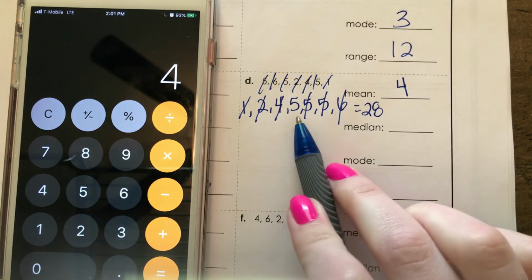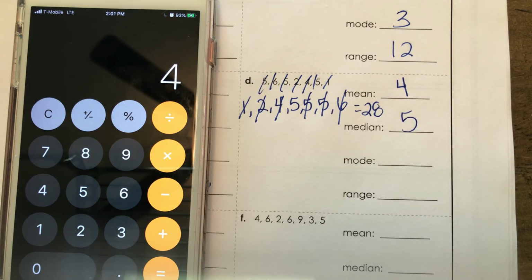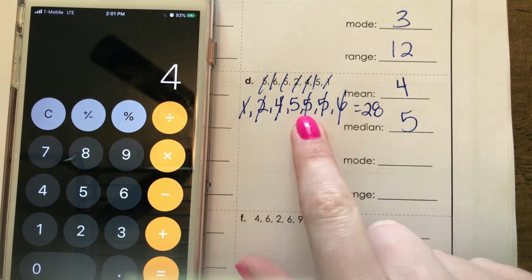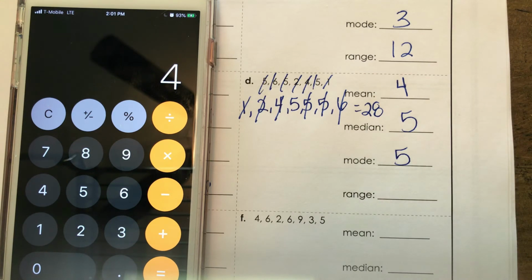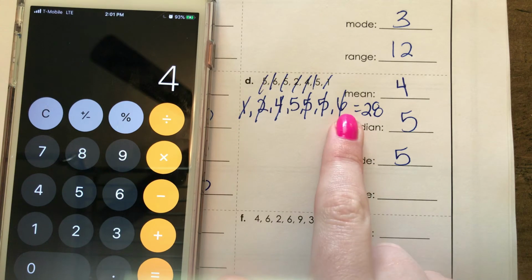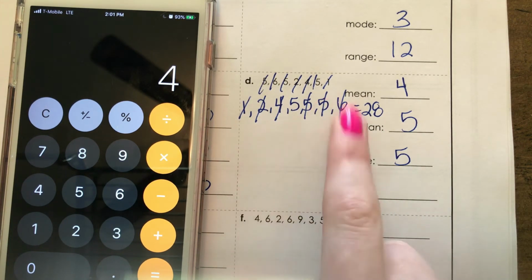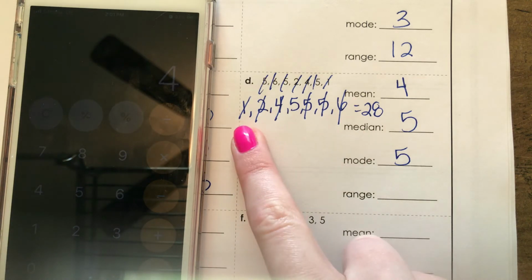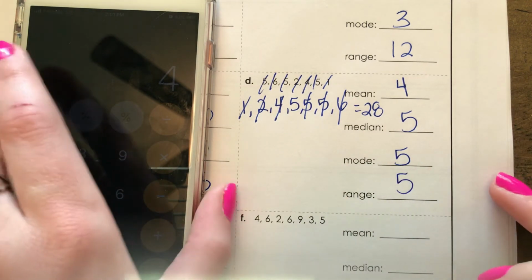And we have 5 in the middle. Mode, that's the number that occurs the most. We do have some numbers that repeat, and it was 5. And range is 6 minus 1. Biggest number minus the smallest number. Makes it easy when they're in order because you know it's the one on this side minus the one on this side. So 6 minus 1 gives us 5.